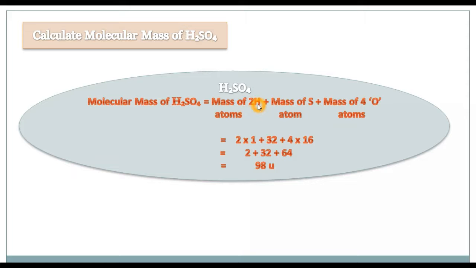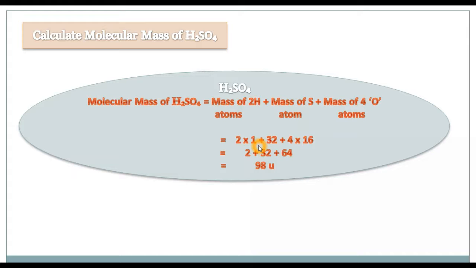The mass of one hydrogen atom is 1, but we have 2 hydrogen atoms, so 1 into 2, plus the mass of sulfur atom, that is 32, plus the mass of oxygen atom, which is 16, but we have 4 atoms, so 16 into 4. So you will get 98 units. That means the molecular mass of sulfuric acid is 98 units. This is the molecular mass of a molecule of sulfuric acid.